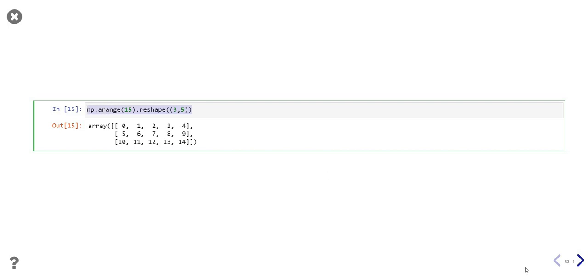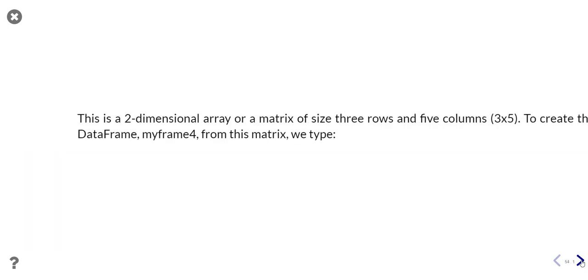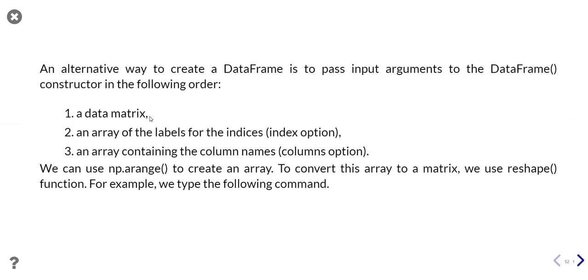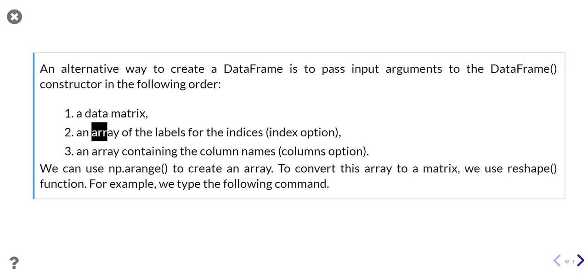This entire thing we can just copy. Yeah, so we need to pass the data matrix first. If you look at the requirement, in the following order we need to pass the data matrix, and then we need to assign the index option and also the column options, right?